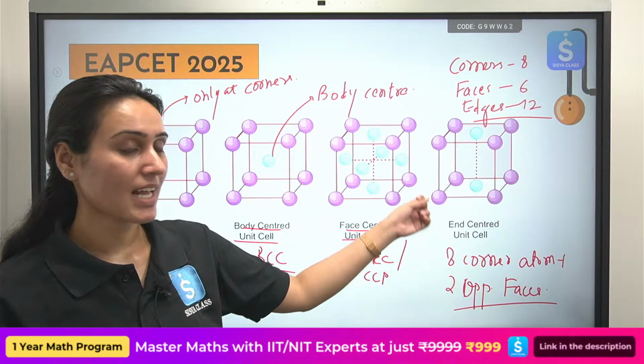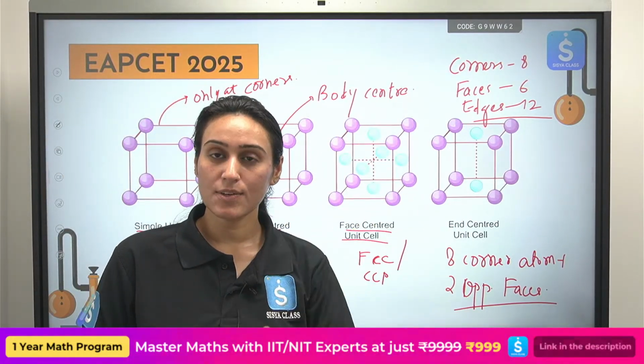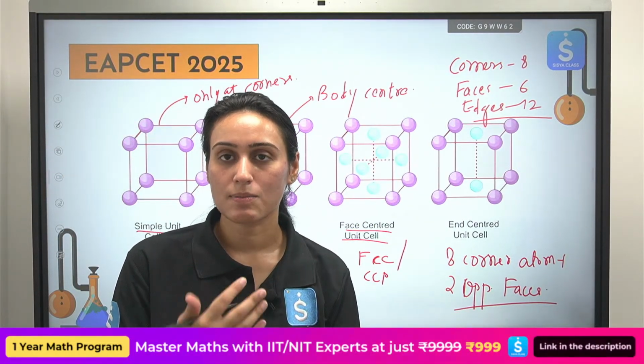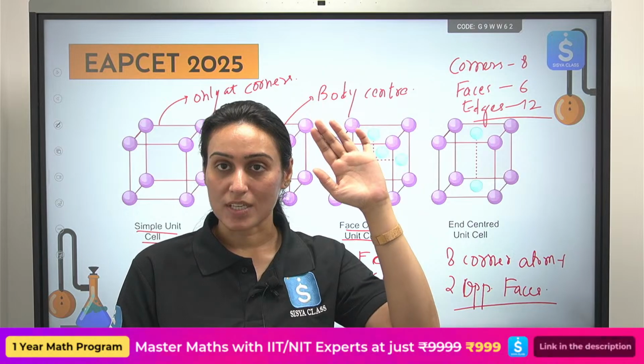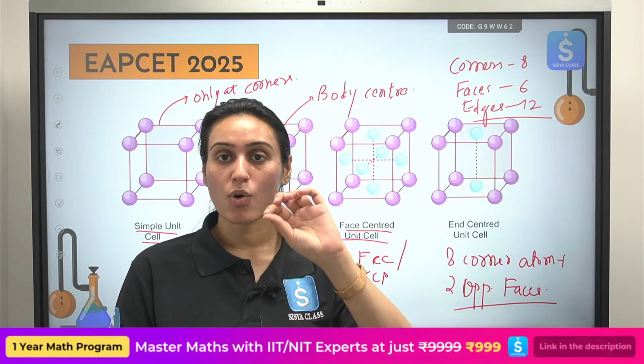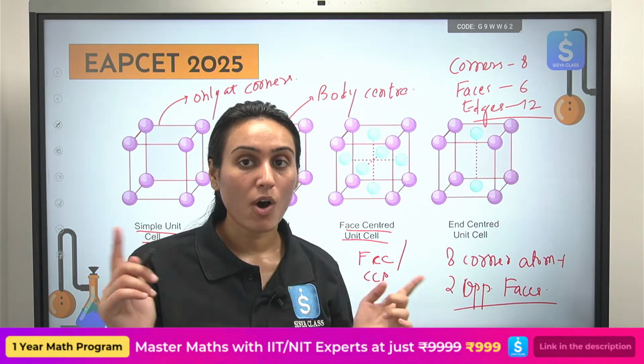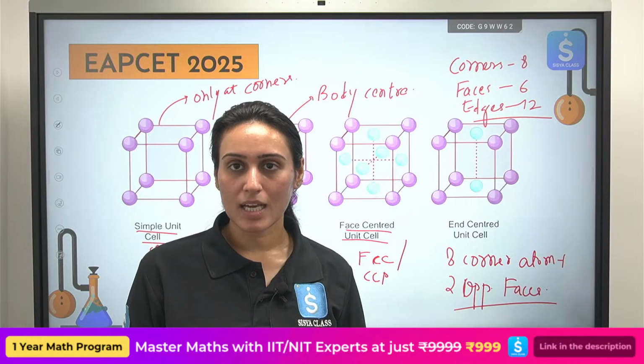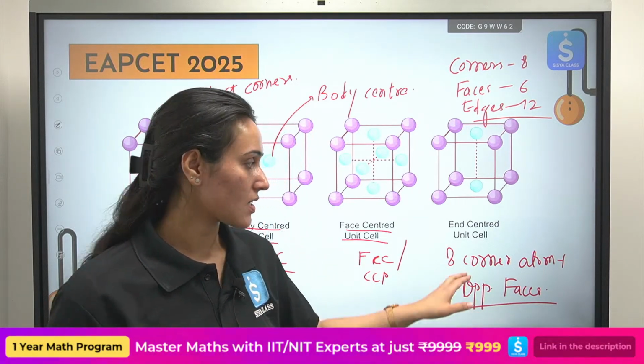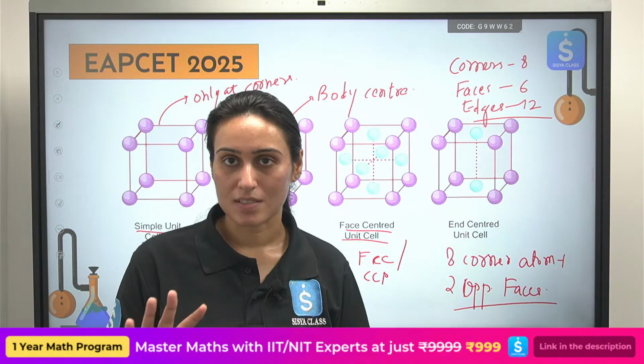So you have 8 atoms present at the corners. In addition to that, you have 2 atoms present on the opposite faces. Any 2 opposite faces, not all of them. That will make it face-centered. Okay. So this is your end-centered unit cell.